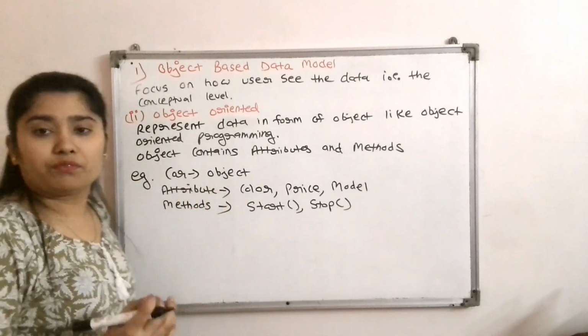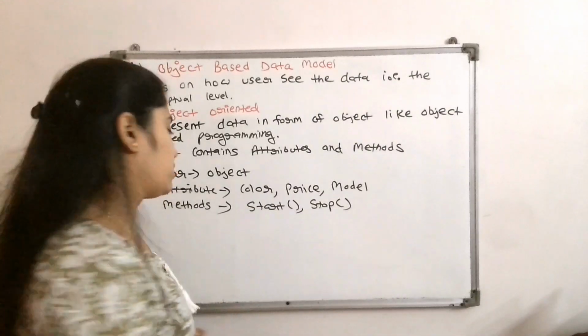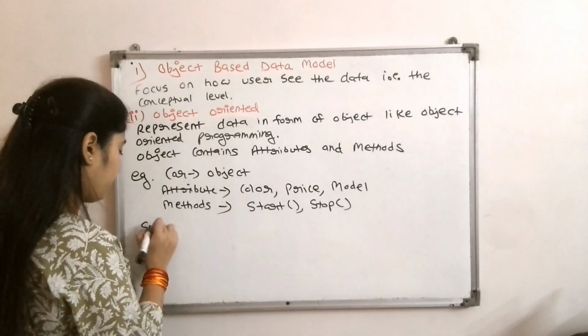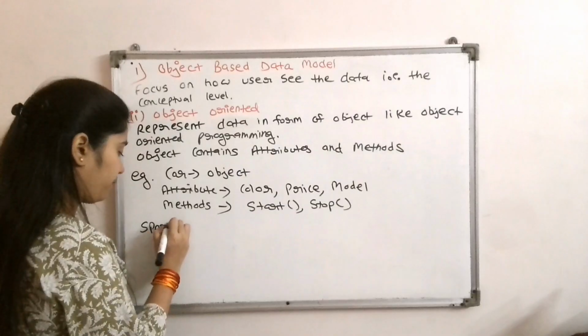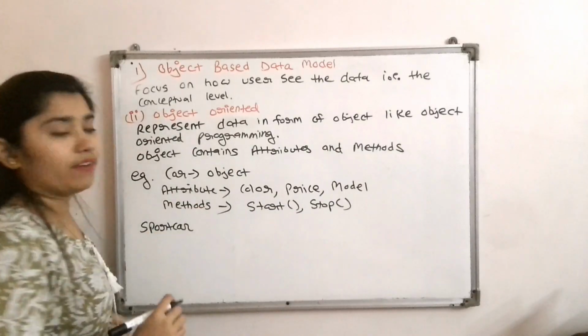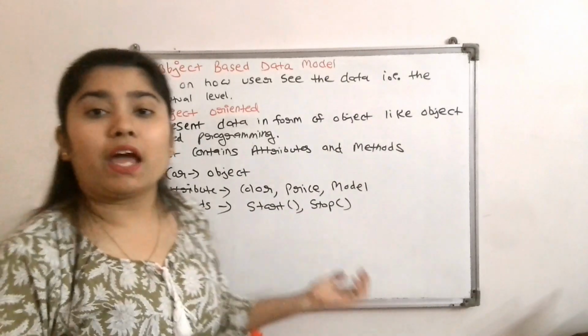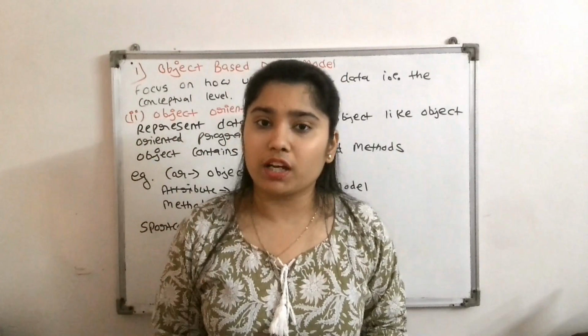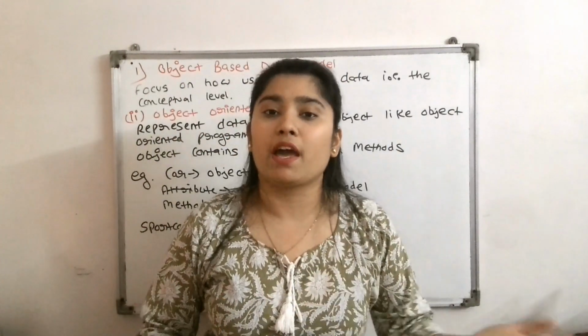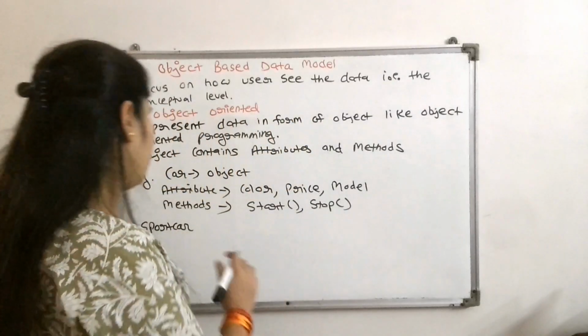So suppose we take as an example a sports car. Suppose we are having a sports car. So sports car will inherit all the properties of the car, and it may also have external features.